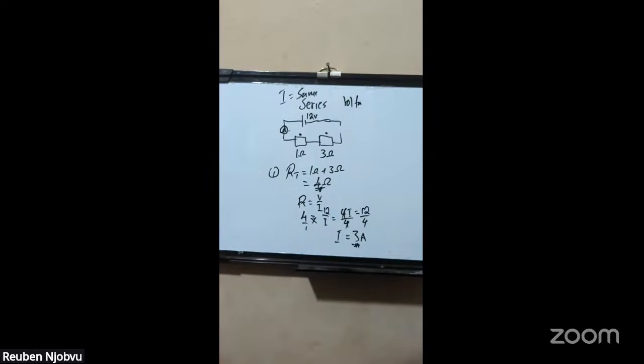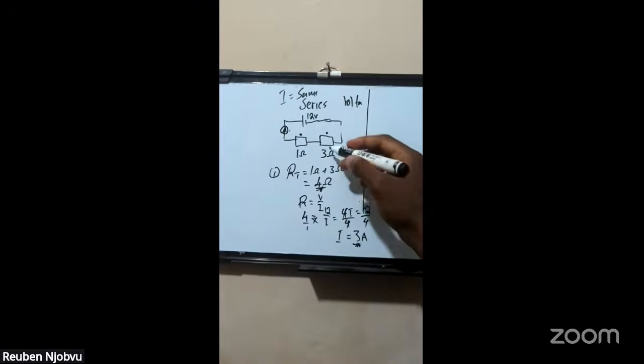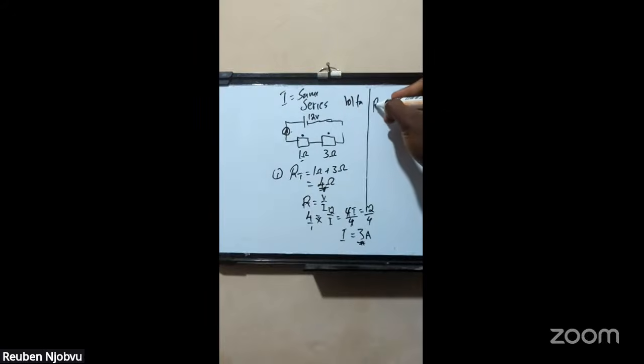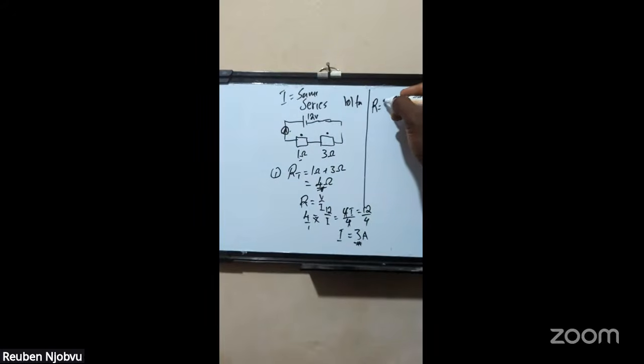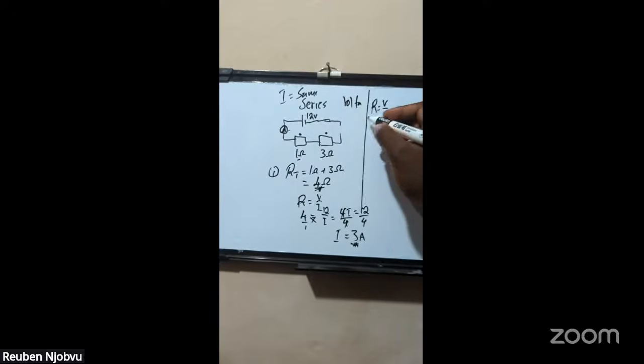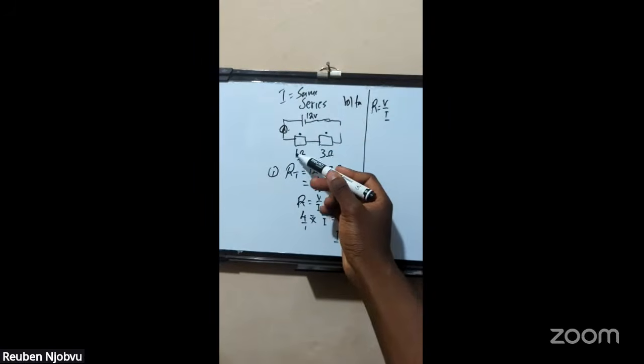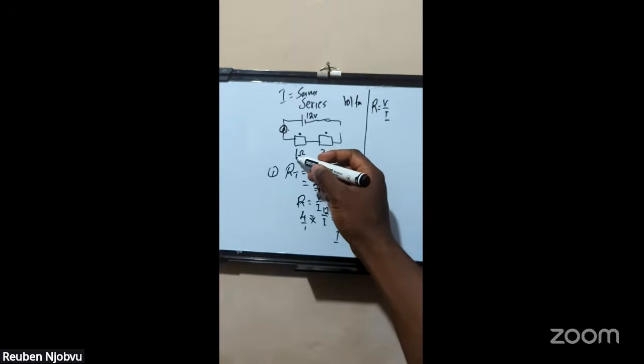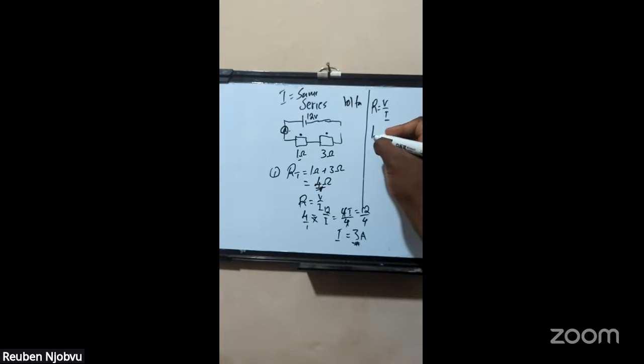For me to find the voltage passing through one resistor, we say resistance is equal to voltage over current. What resistance have we been given? We want to find the voltage passing through at the 1 ohm resistor. The resistance is 1 ohm.